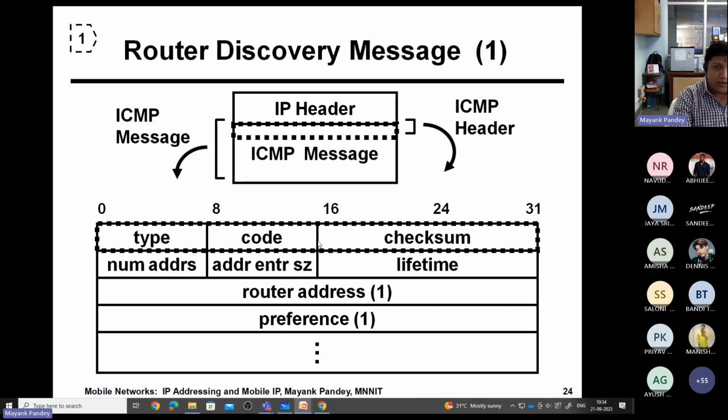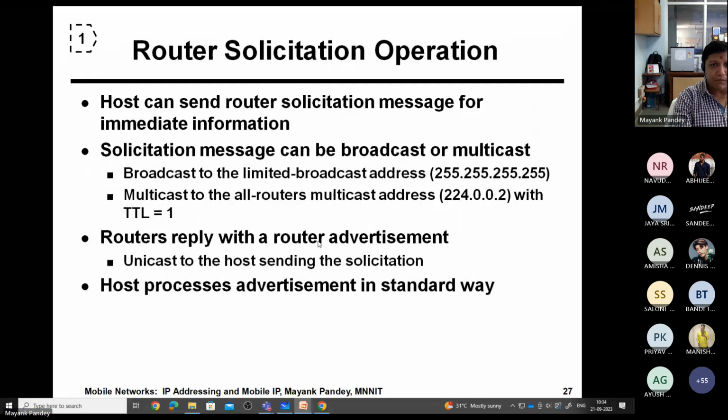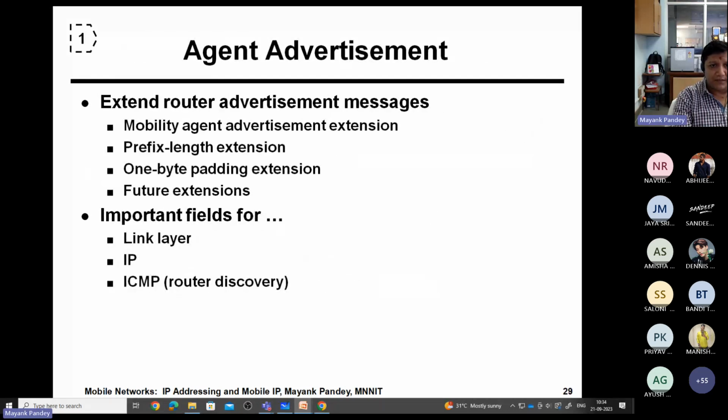So what mobile IP has done is extend this router advertisement process, and this is known as the mobility agent advertisement extension. And what is there in this?